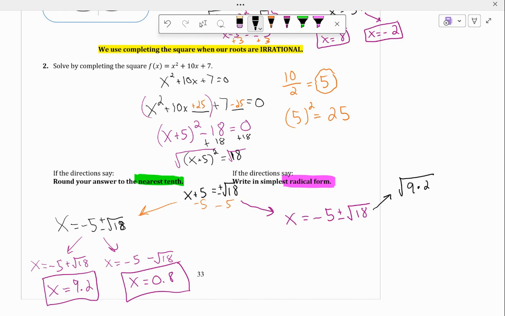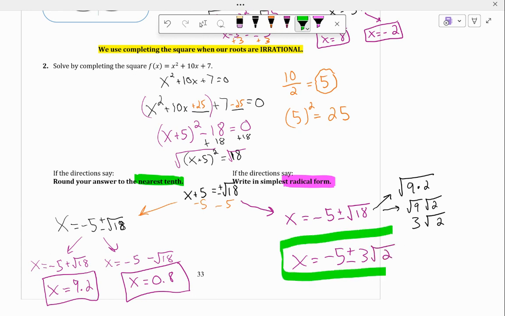So we can change that. That means square root of 9 times the square root of 2. And in other words, the square root of 9 is 3, so we get 3 square root of 2. Therefore, we can rewrite our answer as x equals negative 5 plus or minus 3 square root of 2. And that, my friends, is your final answer if it's in simplest radical form.